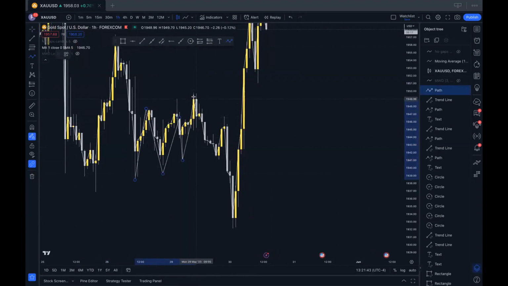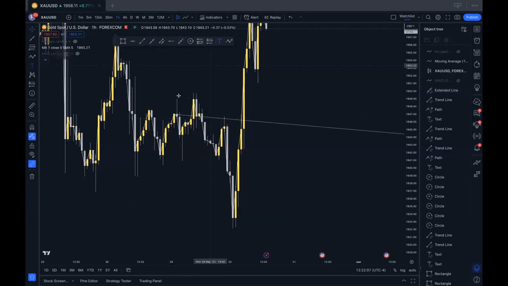Price broke out, and that's a reversal sign. So you look for two trend lines, type 4 and type 5. This is type 5, also a reversal trend line, and type 4 is right here.